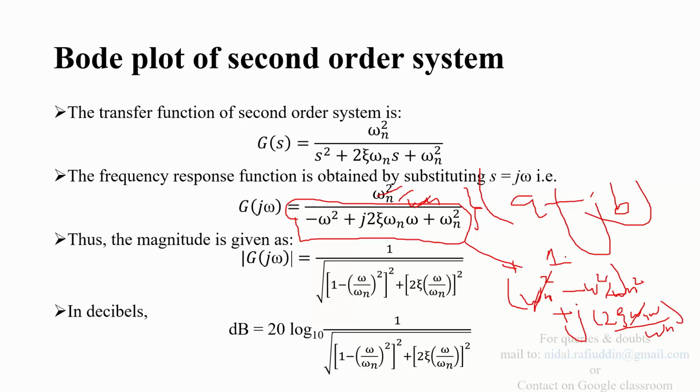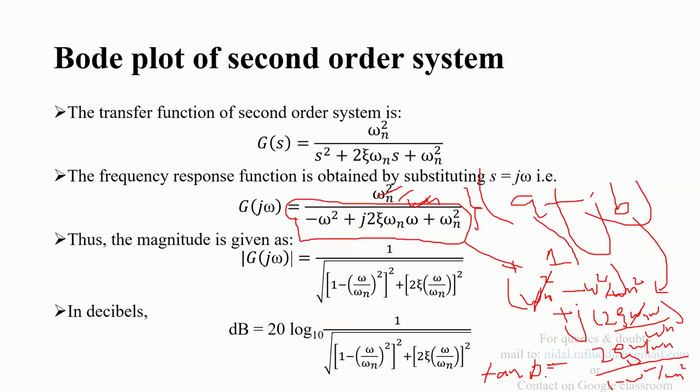So now what you're left with is a, which is 1 minus omega square upon omega n square, and b, which is 2 zeta omega by omega n. So this will be contributing a negative angle. So we'll have tan of phi equal to minus, because the terms are present in the denominator, that is why we take a negative sign, and b upon a gives you 2 zeta omega by omega n divided by 1 minus omega square by omega n square.